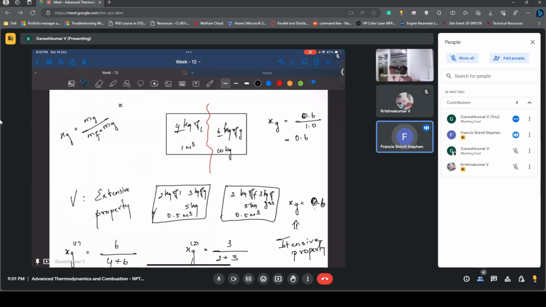If we take the first box, the 2 kg and 3 kg, at this state we get 0.6, and if we heat it, the amount of vapor will increase. Then it could be 4 or 5, and the quality would be 5 by 2 plus 3, isn't it? So according to the vapor content, x is changing, isn't it?